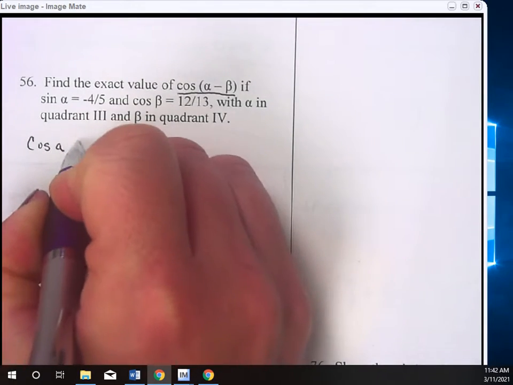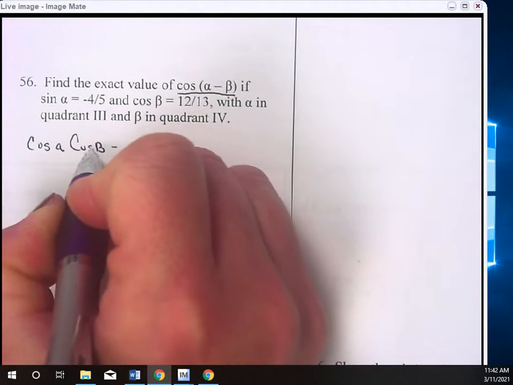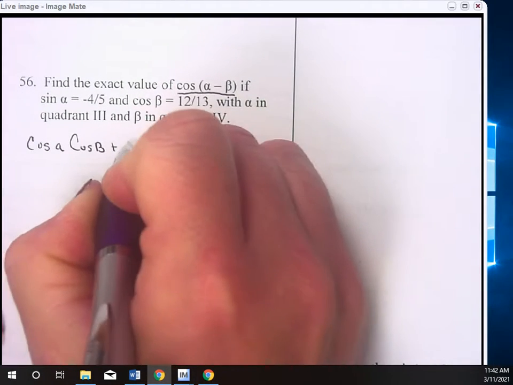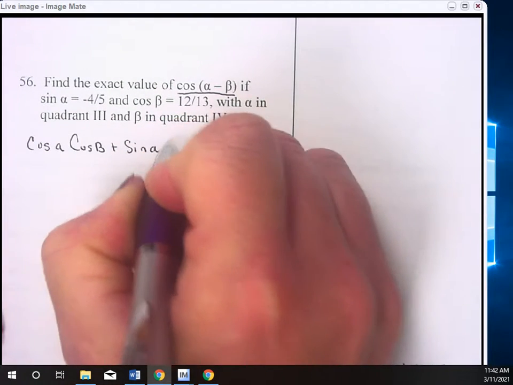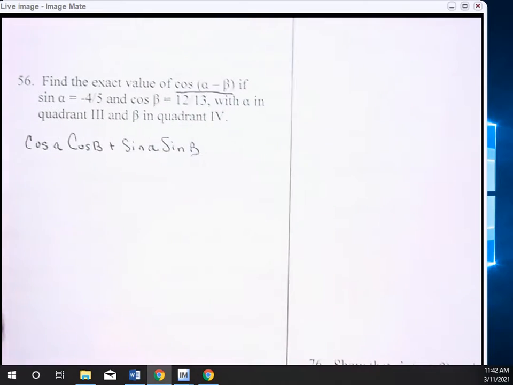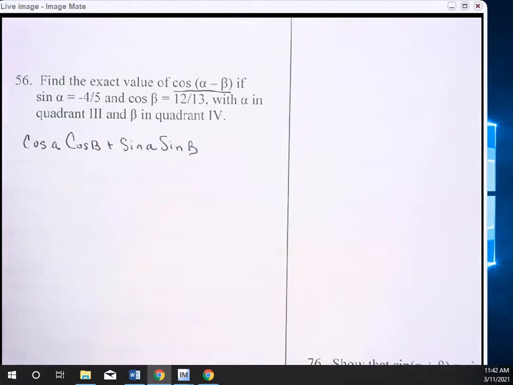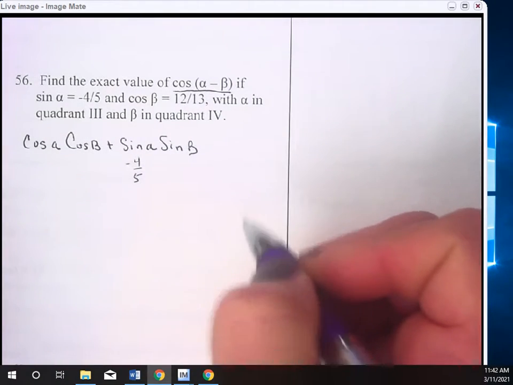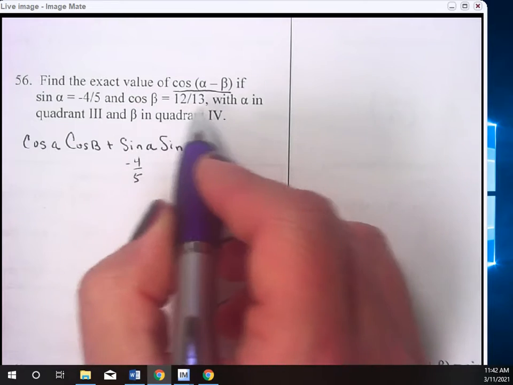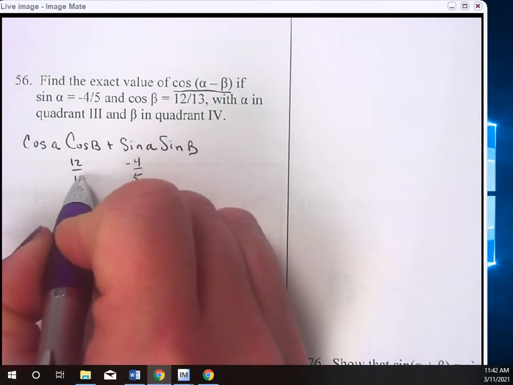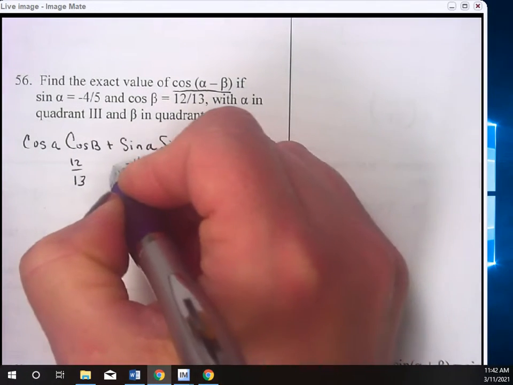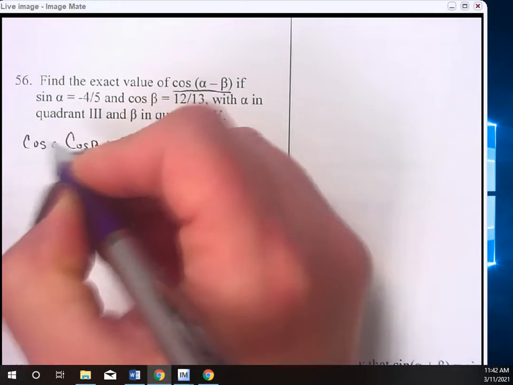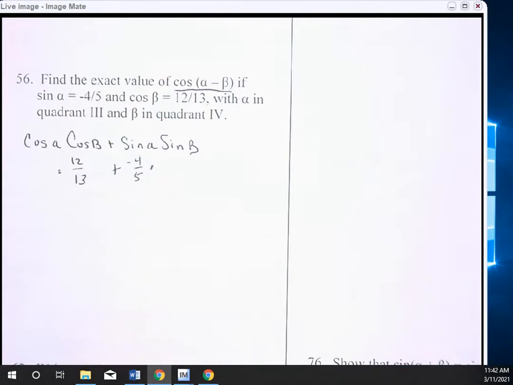Cosine of alpha, cosine of beta, plus sine of alpha, sine of beta. Now, plug in what you know. I know the sine of alpha is a -4/5. And I know the cosine of beta is 12/13. I do not have the cosine of alpha or the sine of beta.